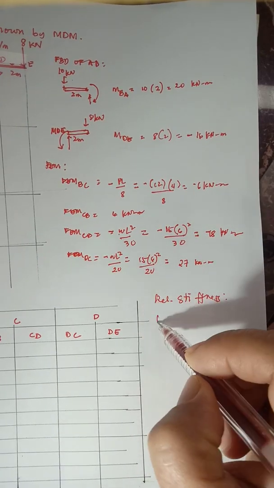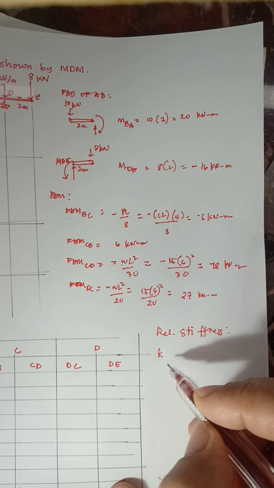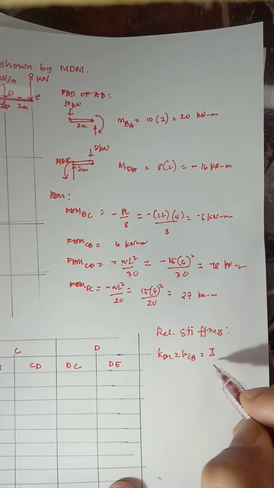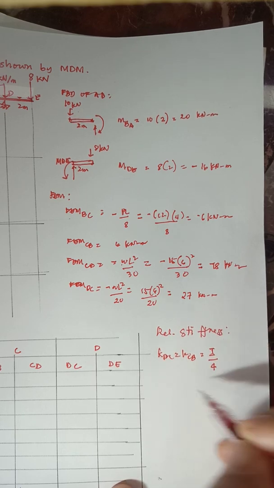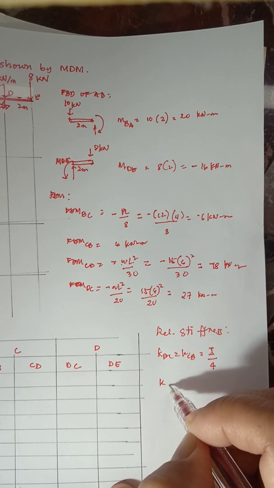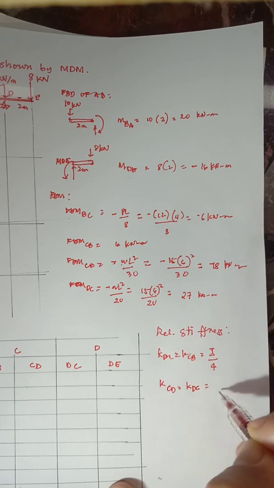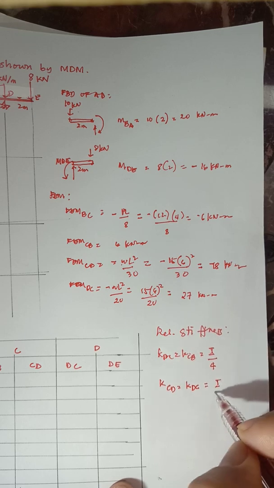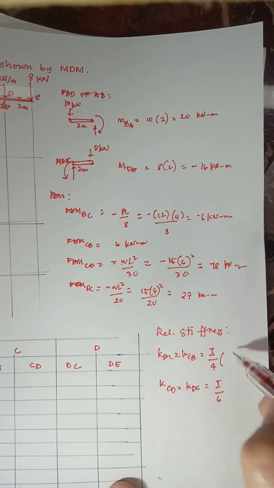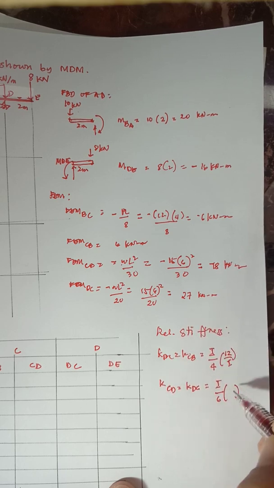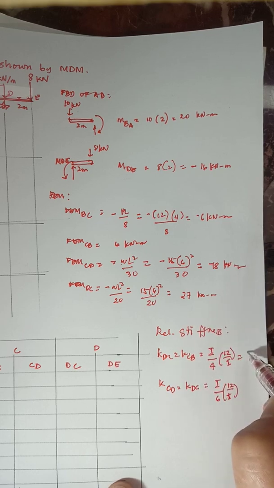So KBC equal to KCB equal to I over 4, and KCD equal to KDC is I over 6. We find the least common multiple of 4 and 6, which is 12, so we multiply by 12 over I. So this is equal to 3, and this one is equal to 2.